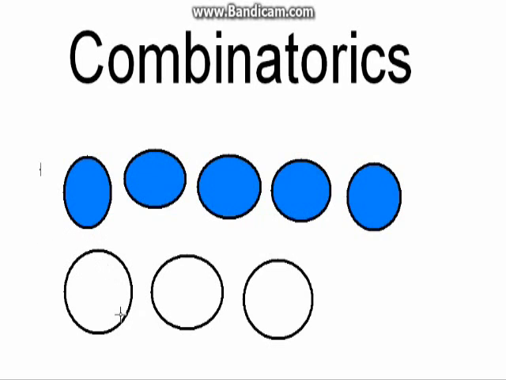And when you're assigning spaces to objects, it becomes the same problem we just had. How many different objects can this first space be assigned to? 5. And this second object? 4. This third object? 3. And that's it. No more spaces to assign objects to. So you've got 5 times 4 times 3.